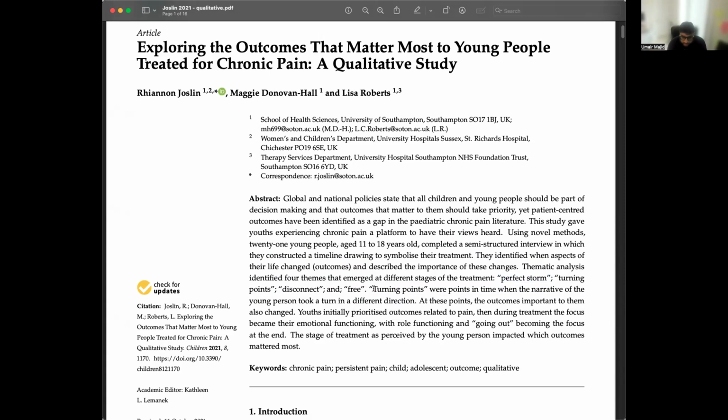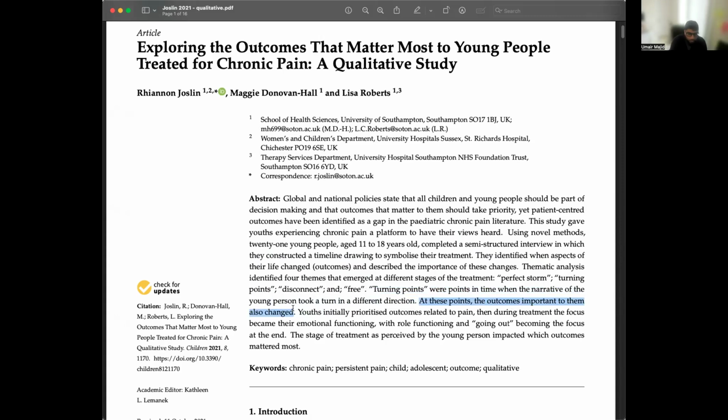What it does better here, it actually describes at least one of the themes. And again, abstracts are very short, so you can't really describe all of them. But turning points were points in time when the narrative, the story, the experience of the journey of a young person took a different direction. At these points, the outcomes important to them also changed, right?